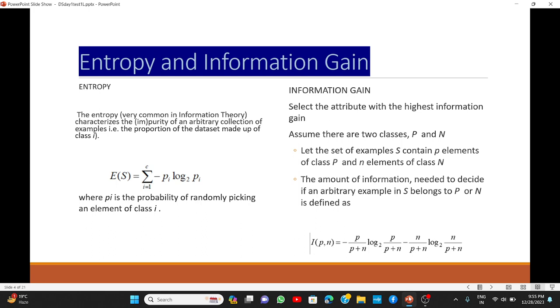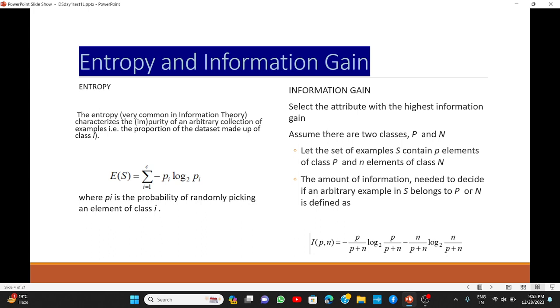minus p divided by p plus n, the proportion of positive examples, times log of p divided by p plus n to the base 2, minus n divided by p plus n, the proportion of negative examples, times log of n divided by p plus n to the base 2.